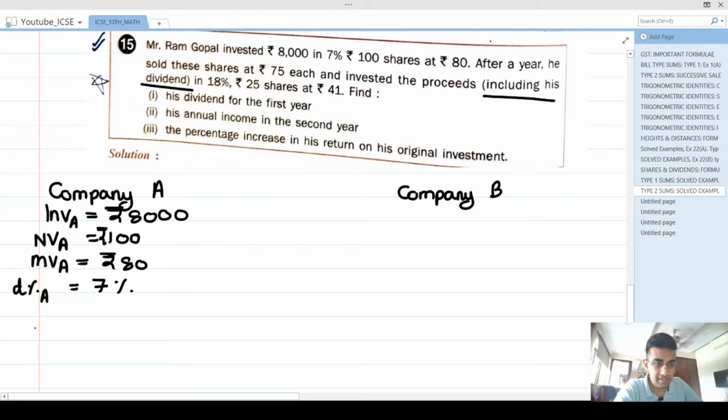Okay, what was the selling price? He sold his shares at 75 each. So his selling price of A was 75 into the number of shares. What was his number of shares? The number of shares which he bought of A, which is investment upon MV.